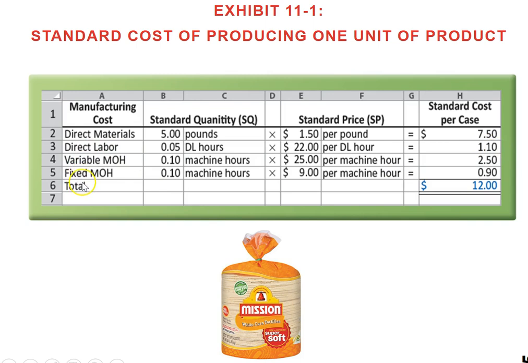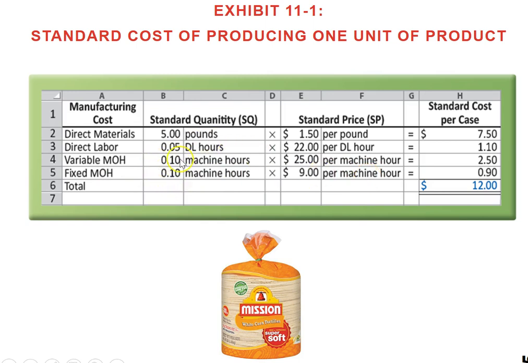You could also figure out your variable manufacturing overhead and fixed manufacturing overhead. And remember, this type of overhead cost is actually driven by some cost allocation driver. So here machine hours will be the cost driver, and we figured out that for 1 unit you need to spend 0.1 machine hours, and you also know the cost for these machine hours. $25 is the variable overhead cost per machine hour, and $9 is the fixed overhead cost per machine hour.